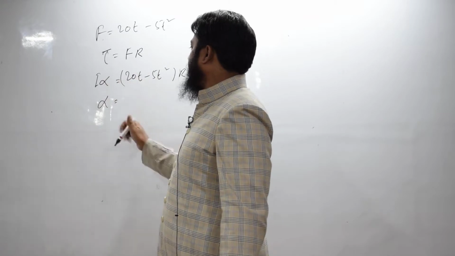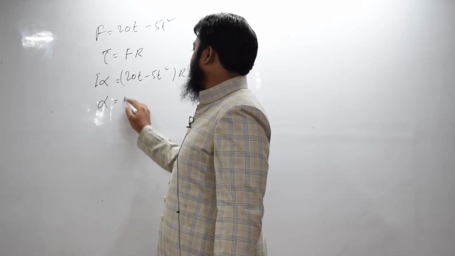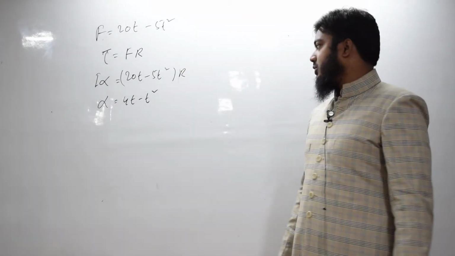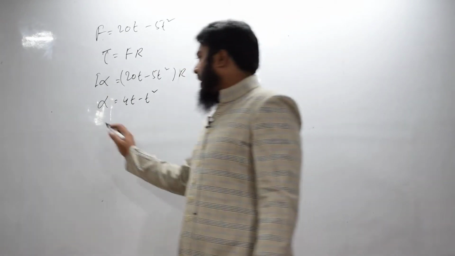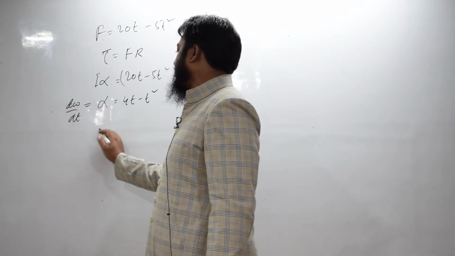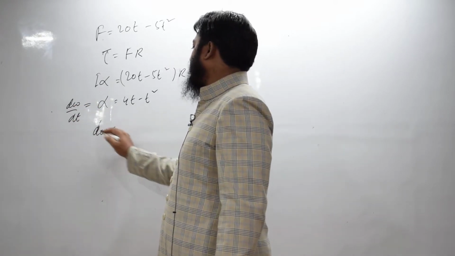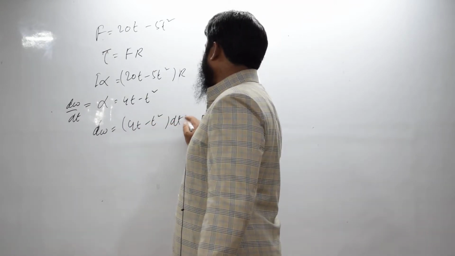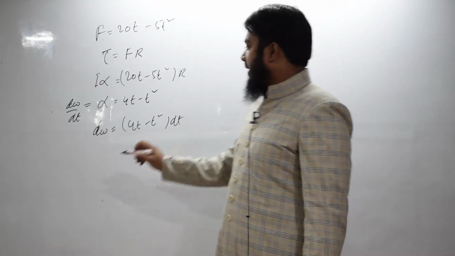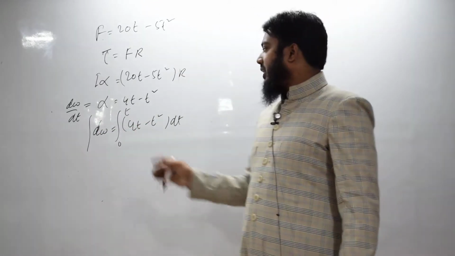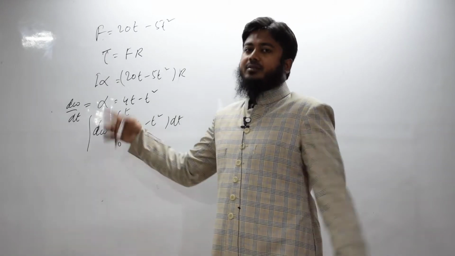This whole thing will be divided by 5, then it becomes 4 t minus t square. So, alpha is equal to 4 t minus t square, and alpha can be written as d omega over dt, or d omega becomes 4 t minus t square whole into dt. When you integrate this expression for some time t, you get the value of omega at some time t.